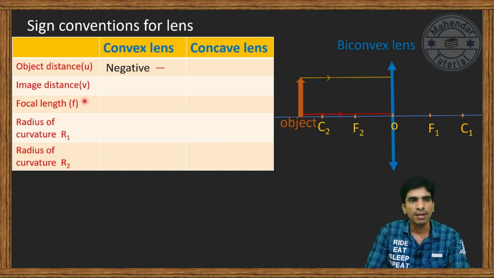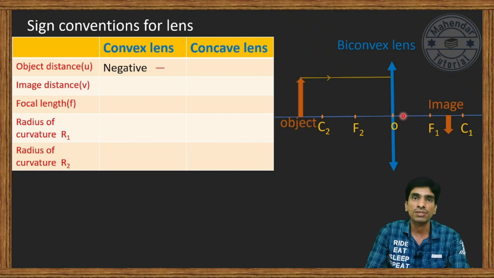Next, image distance. When the object is beyond C, the direction of incident light is always towards right, and the image is found between F1 and C1. We have to start measuring from the optic center only, according to the first rule.